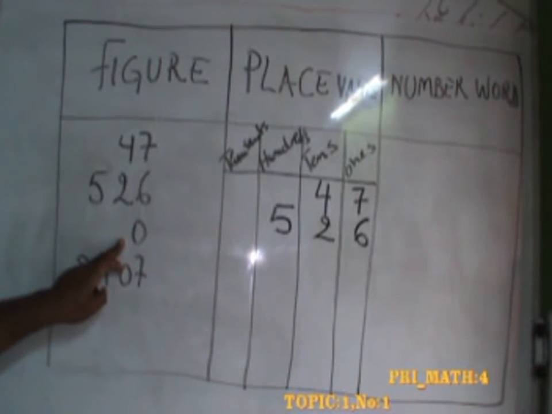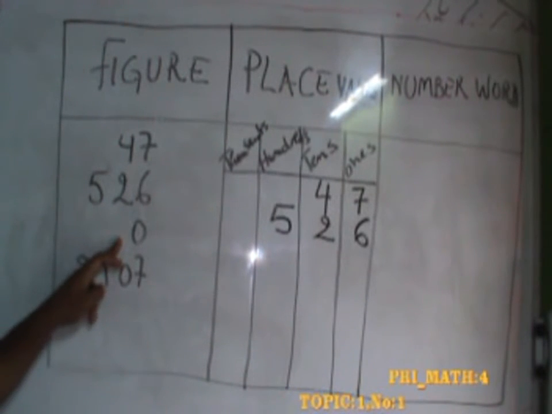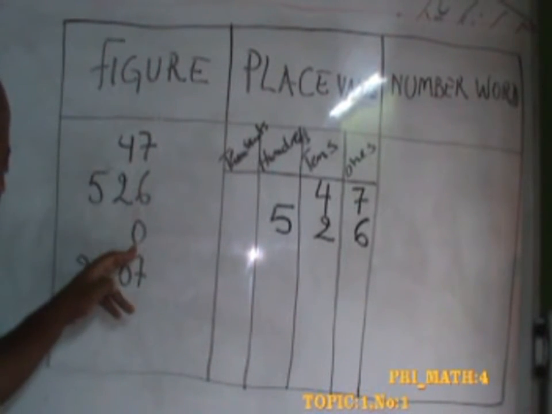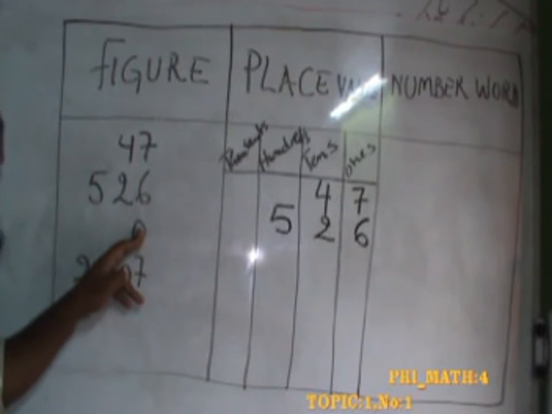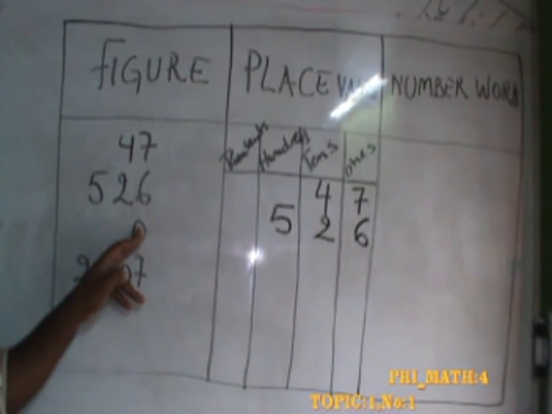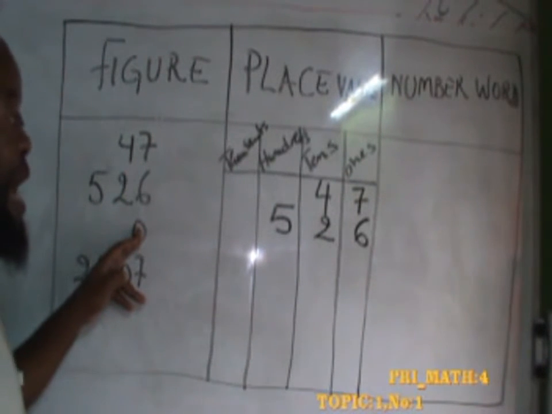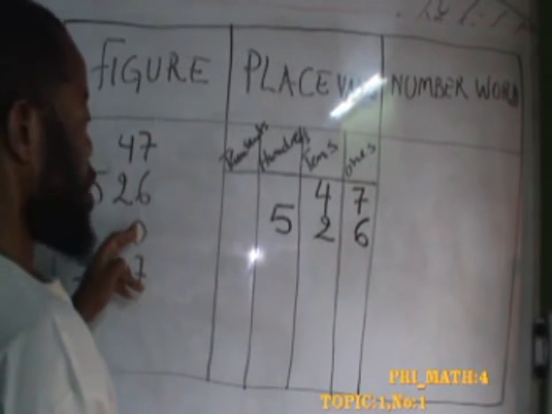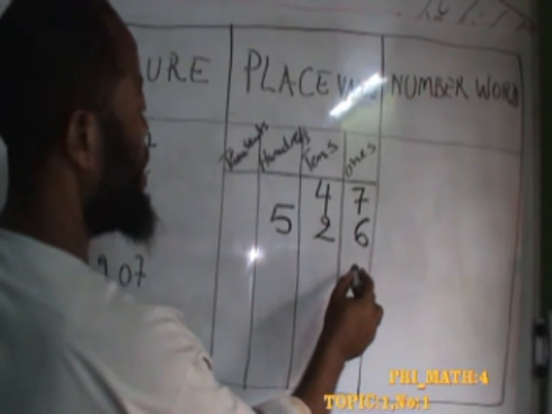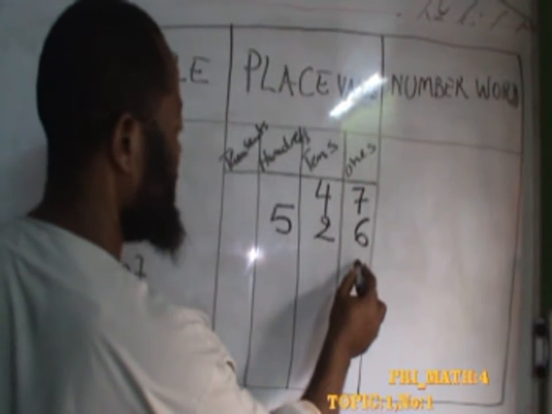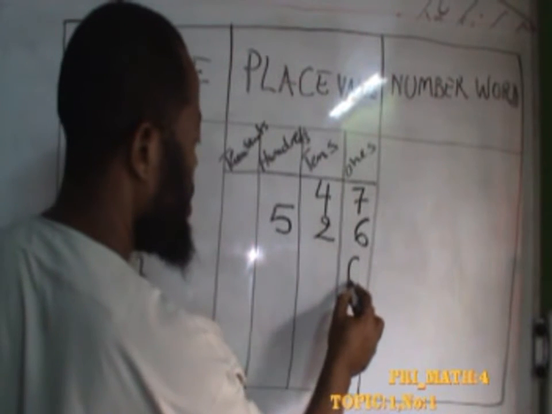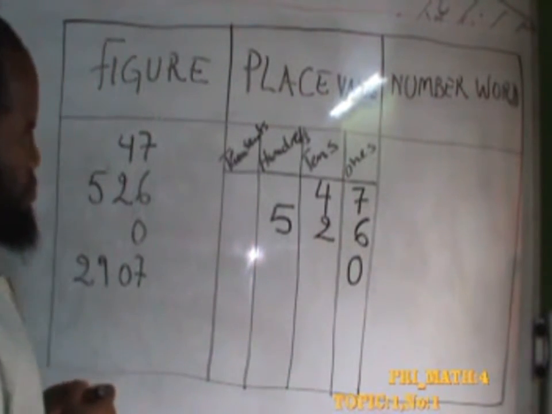For our next number, which is 0, it will be represented as follows. This number is in the first position from our right. So this 0 will be put in ones column.